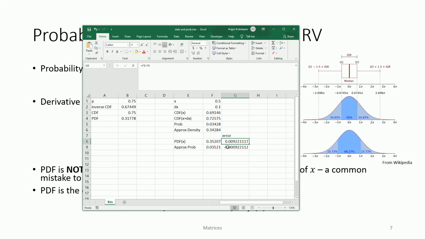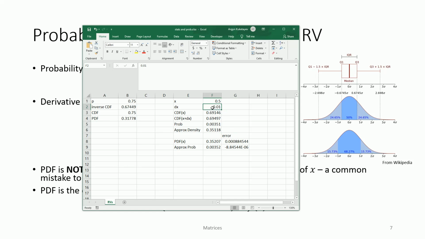How can we decrease the error? Well, we can narrow down the region. So instead of using 0.1, why don't we use 0.01? So we will get a 10 times smaller region. And all of a sudden, look, the approximate probability is collapsing. It's becoming very small.